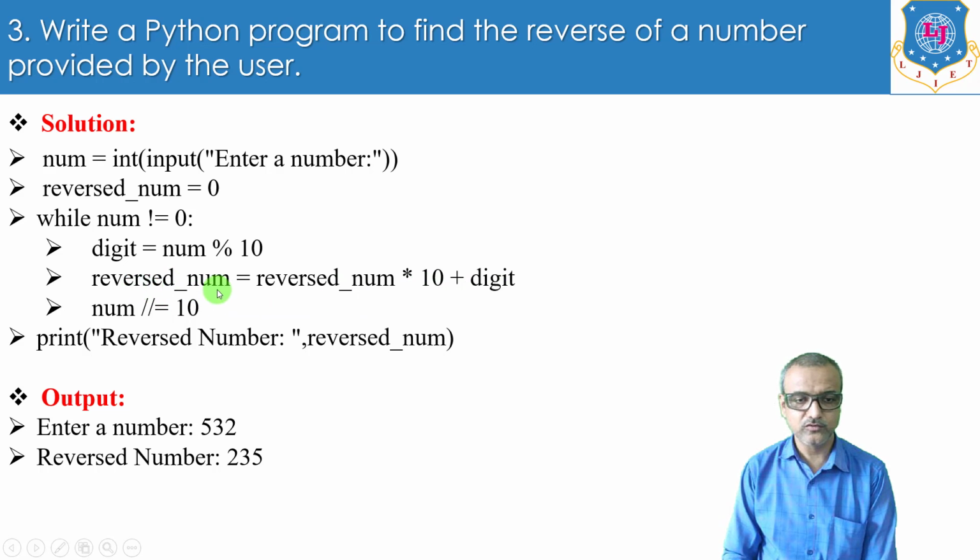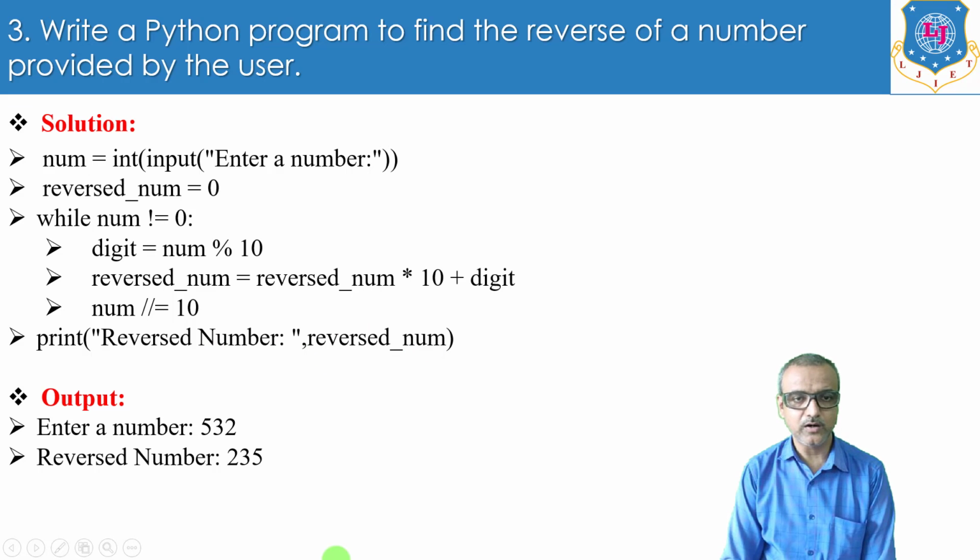So reverse_num is equal to 235. And what is the value of num in this case? That is 5. Now 5 divided by 10 will give you 0. Now it will come into the loop check: 0 is not equal to 0 is false. So it will come out of the loop, and then it will execute this statement, print reverse number, and the reverse number will be printed.